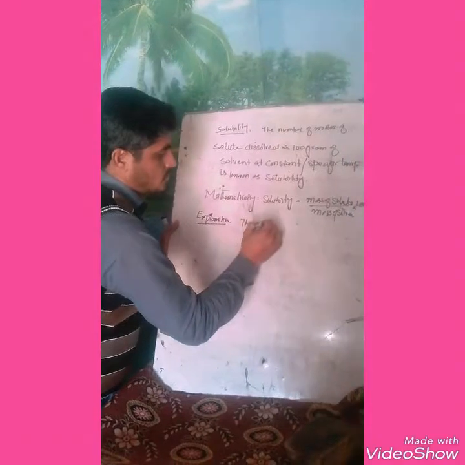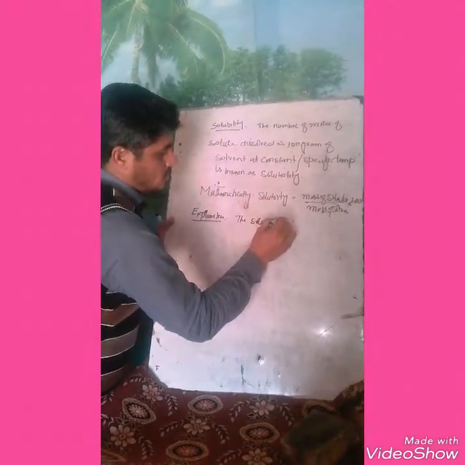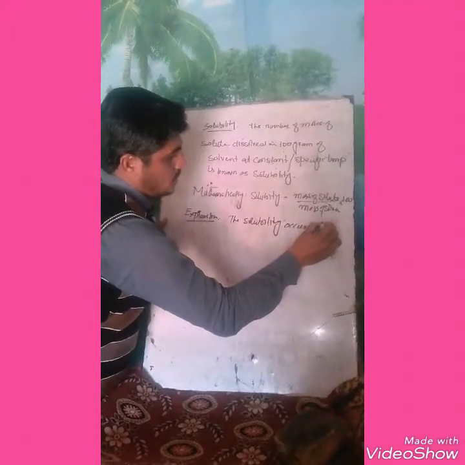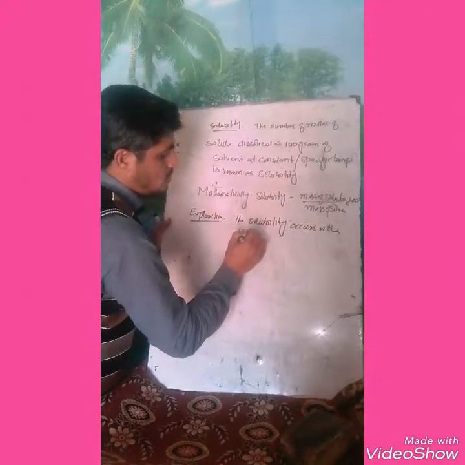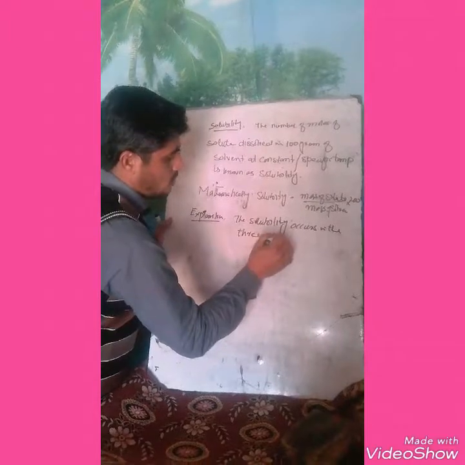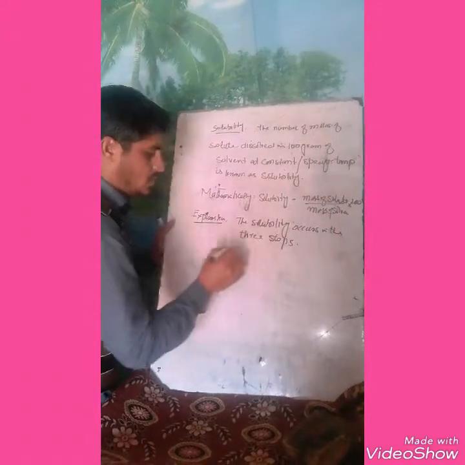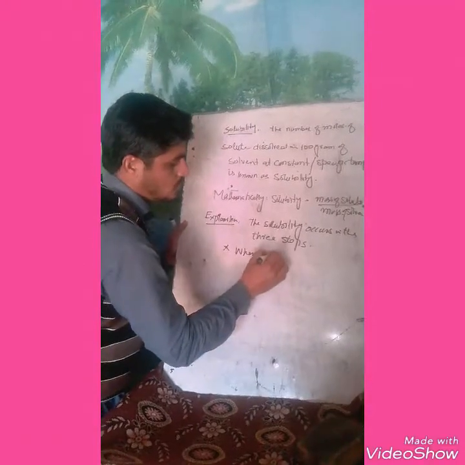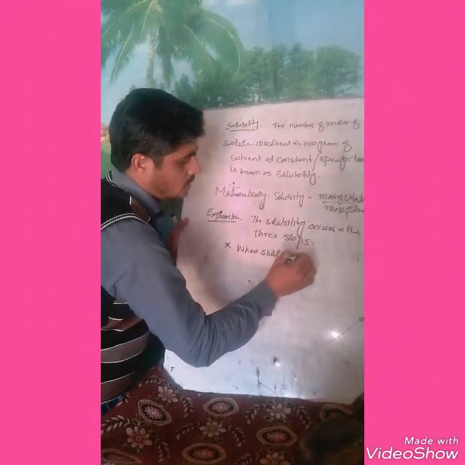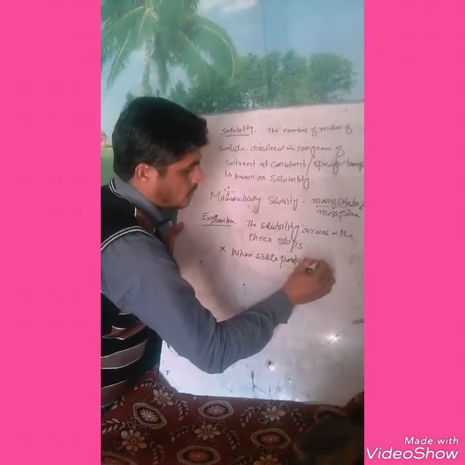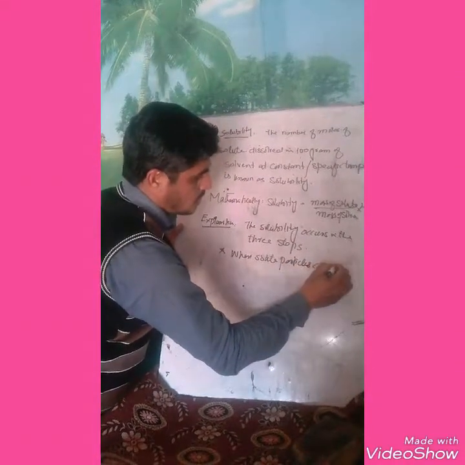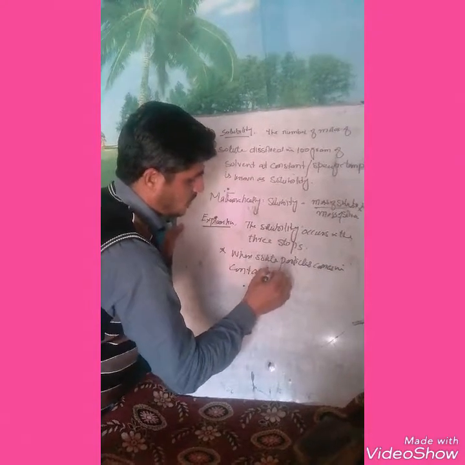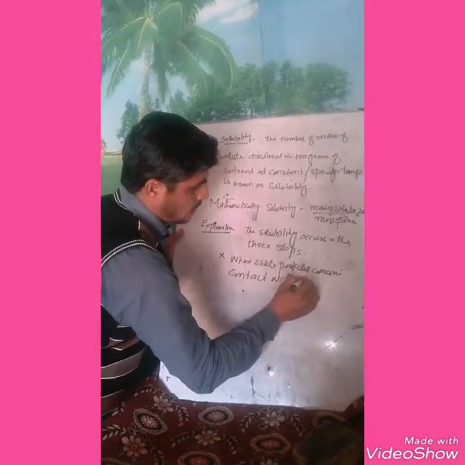Solubility occurs in three steps. Number one, when solute particles come in contact with solvents.